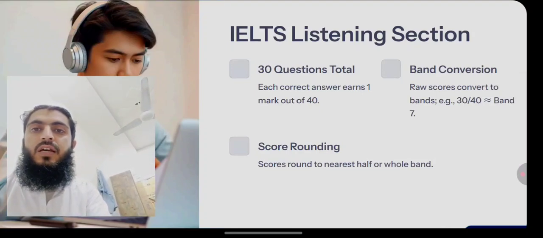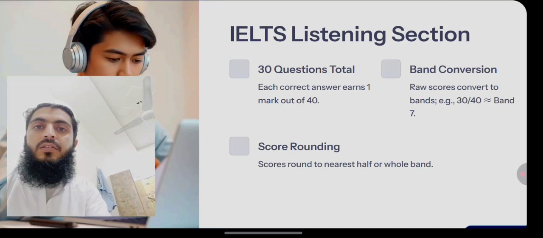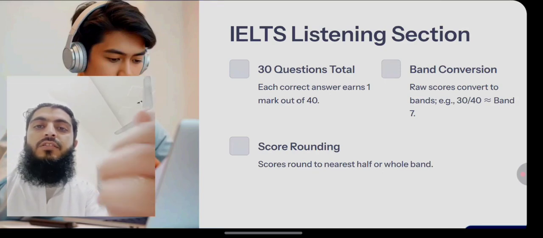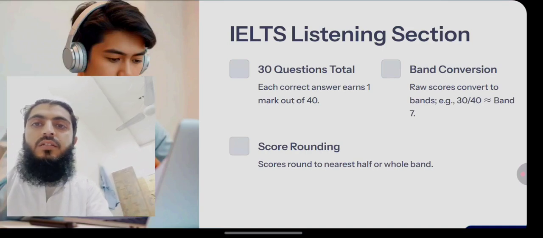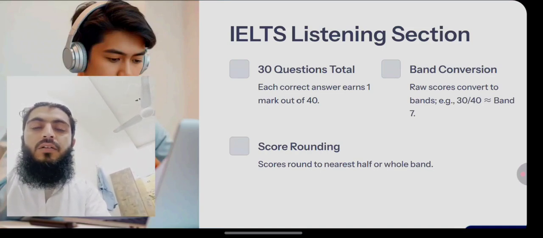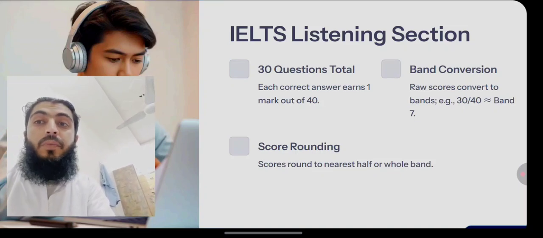So which means that the band conversion of that mark will be in such a way that your raw scores are converted to bands. For example, if you earn 30 marks out of 40, that is equal to 7 bands.